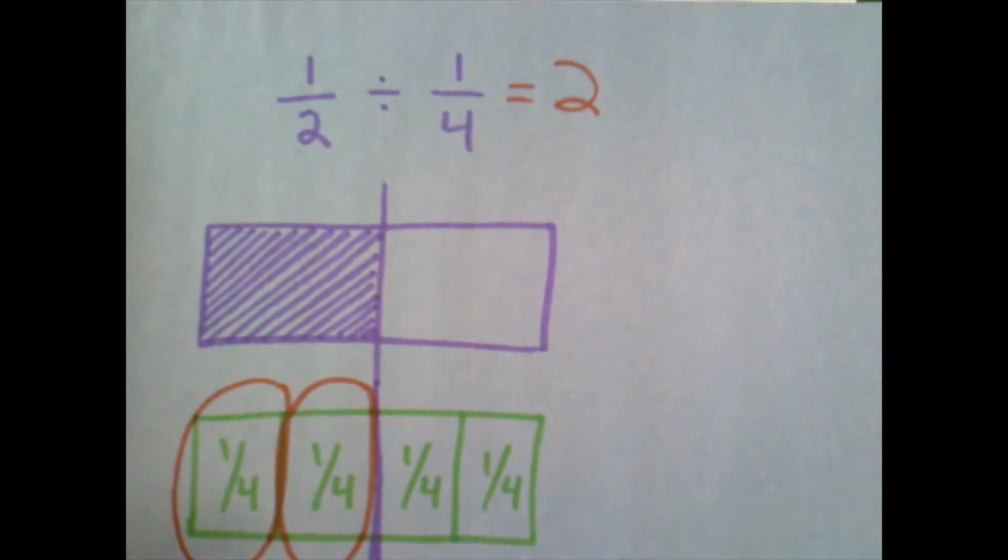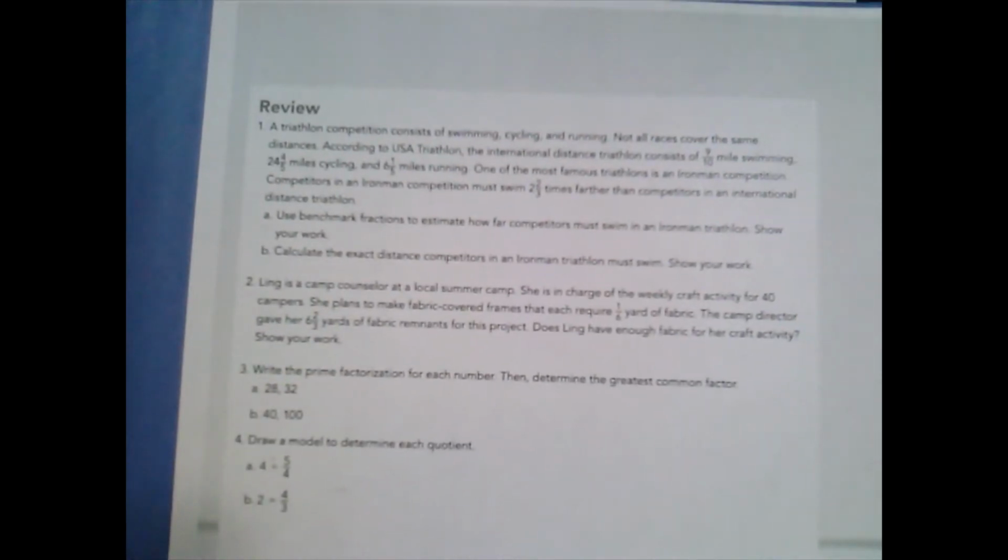Now let's look at the review page. It's on page 229. The first question says, a triathlon competition consists of swimming, cycling, and running. Not all races cover the same distances. According to the USA Triathlon, the international distance triathlon consists of 9/10 miles swimming, 24 4/5 miles cycling, and 6 1/5 miles running.